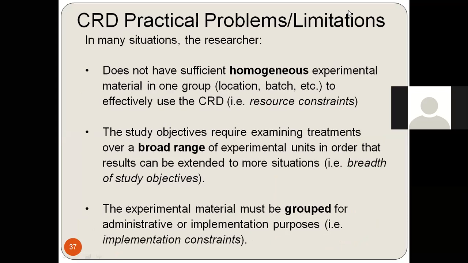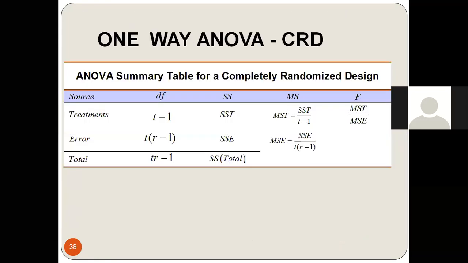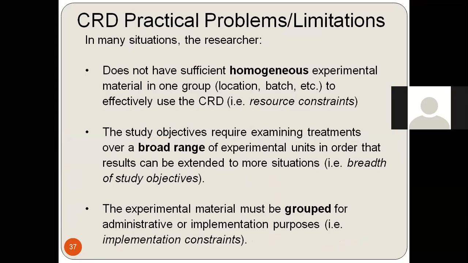Some of the limitations of CRD. In many situations, the researchers do not have sufficiently homogeneous experimental material. That is one of the biggest problems. Finding homogeneous experimental material is a real challenge.